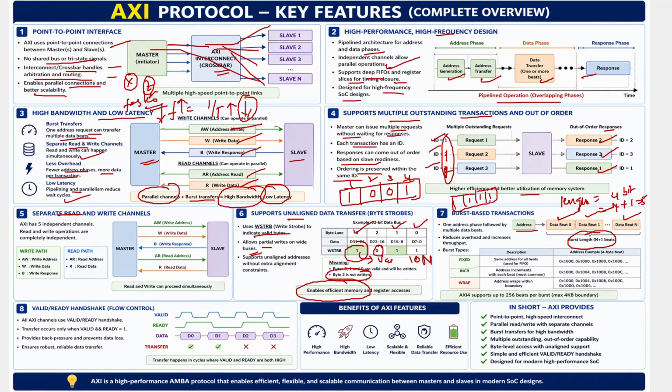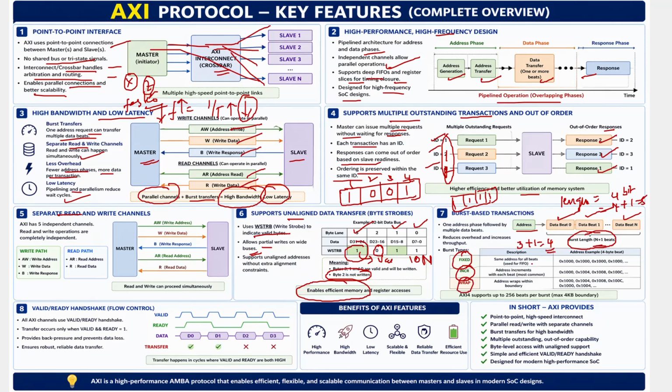We need to add plus 1 to your actual length, then only we get the burst length. Burst length is n plus 1 beats. Suppose 3 beats are in the actual length, plus 1, then 4 beats of transfer take place. Different types of bursts are there: fixed burst, increment burst, and wrap burst.